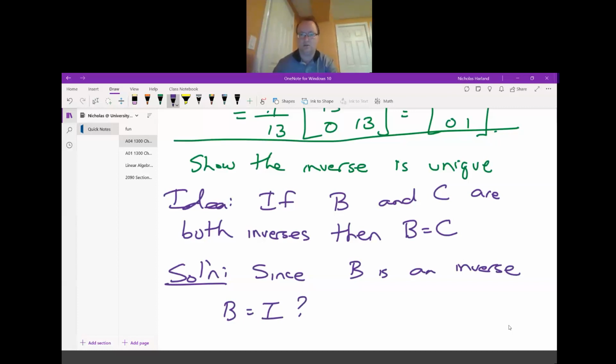I don't think that's what you meant. Right, so AB is equal to the identity matrix. Beautiful. Anything else? We can't use the equation from before because nothing about this said that we're dealing with 2 by 2 matrices.